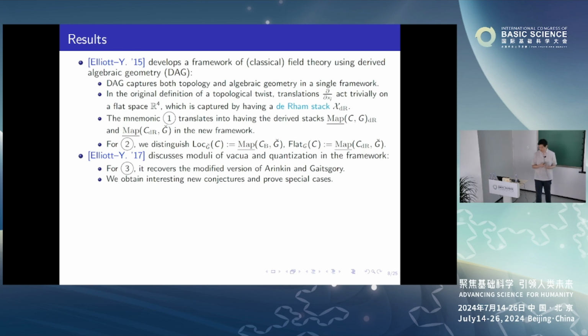So the conjecture is of a surprising nature. It depends, again, on the choice of C and G. With Chris Elliott, we proved the conjecture when C is P1. And Arinkin told me that his unpublished work with Gaitsgory amounts to the conjecture when G is SL2.